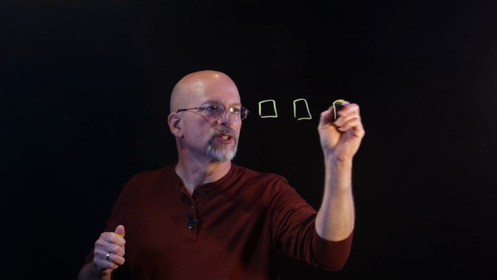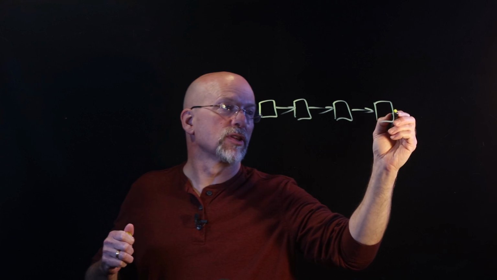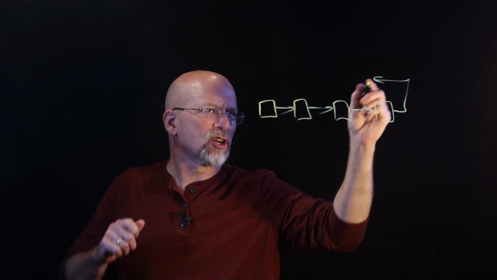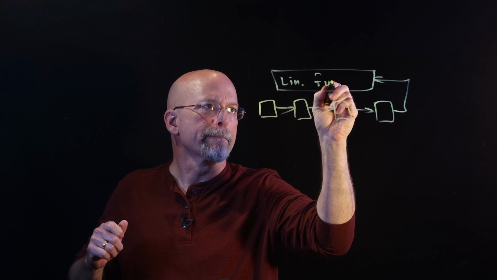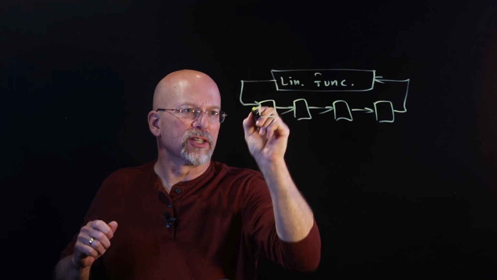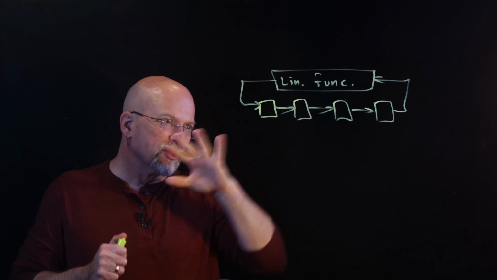And that last flip-flop is going to be part of a shift register. If you recall from our discussion about linear feedback shift registers, what we had was a sequence of these D flip-flops where the value was shifted from one D flip-flop to the next. And in the terms of this external one, we had a linear function that generated the next element to go into the shift register.